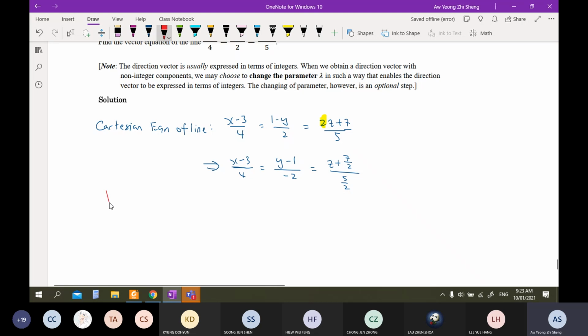Then now that it is in the readable form, we can write the vector equation. It is r equals a fixed point plus lambda times direction vector, lambda in R. The fixed point will be the pink colored numbers. Oh wait, it's not yet in the readable form. Sorry, I need one more step. I have to change the plus to a double negative. Then now only it becomes readable.